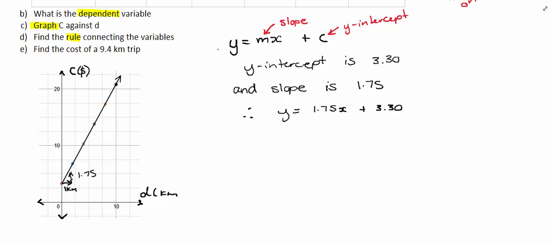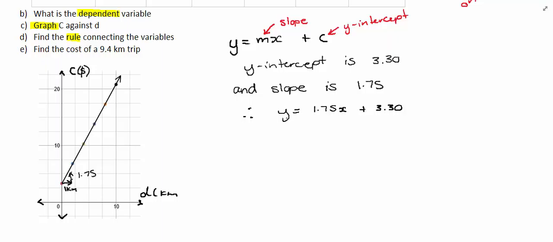So substituting those values into our general form here, y is going to be equal to 1.75x plus $3.30. What we need to keep in mind though is we've got a specific situation here. So we're looking at the relationship between cost and distance. So our y values are actually representing c for cost, and x is really d for distance. So we need those variables in our expression, and we're also going to write this using function notation.